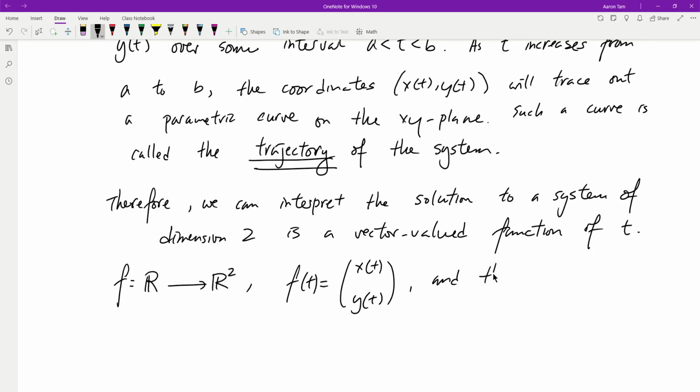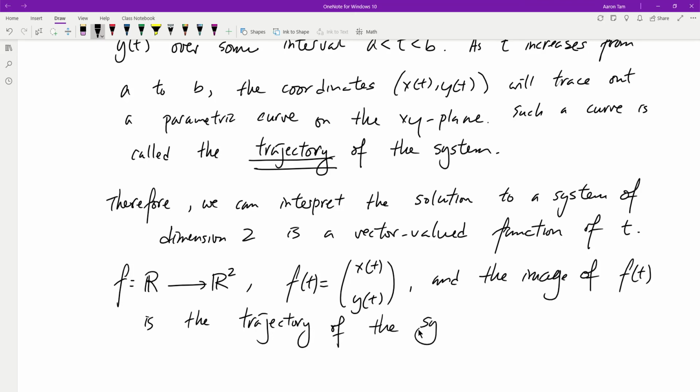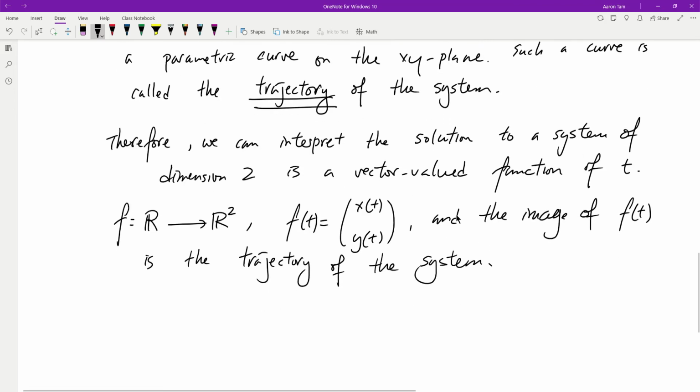And the image, meaning the graph, of f of t is basically the trajectory of the system. Now, of course, here the important part is to understand that the 2 here and the 2 here are corresponding to each other.